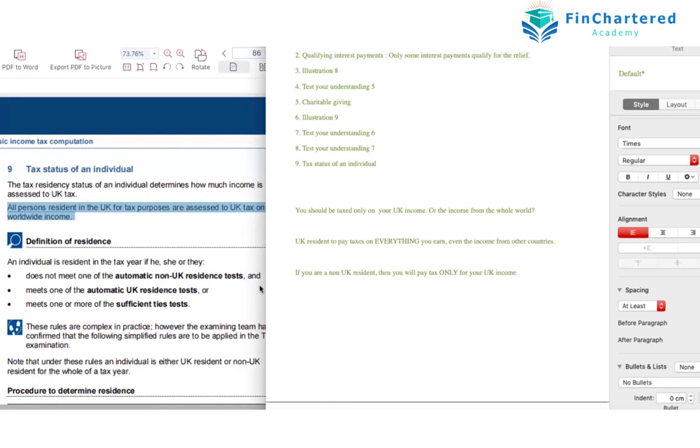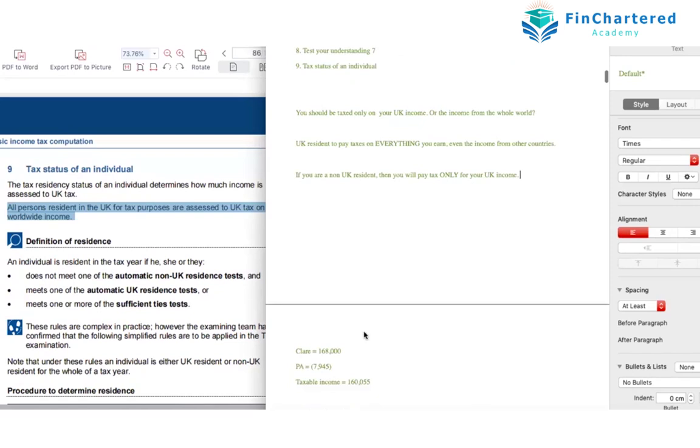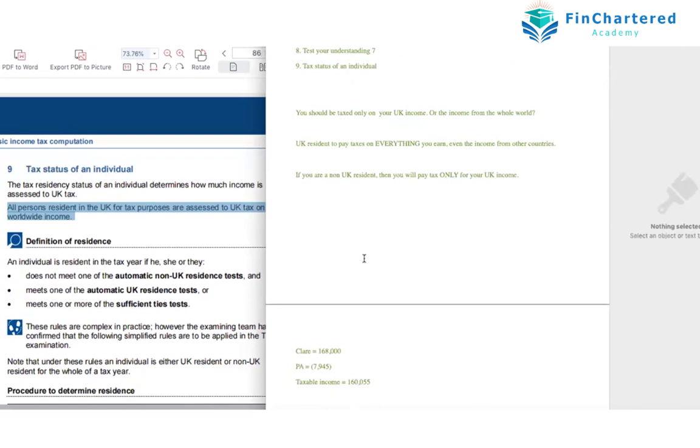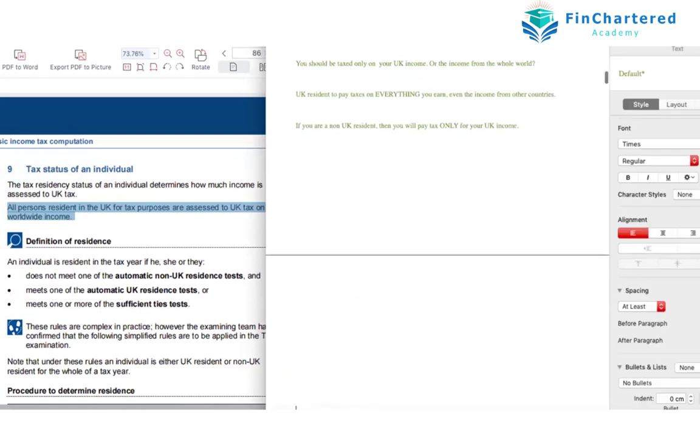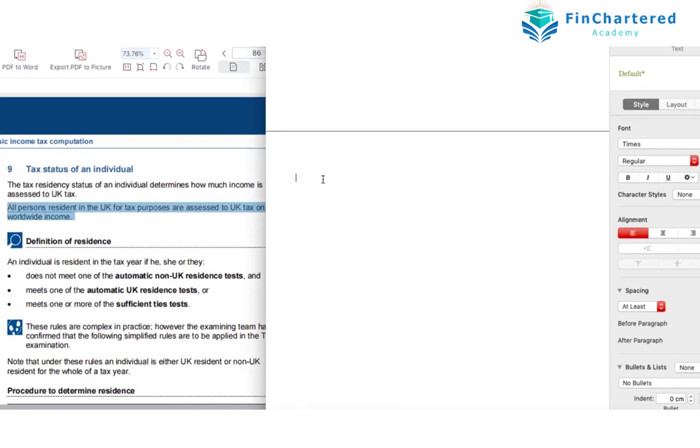The first and easiest way to decide whether you are a UK resident is, I mean, it sounds a little silly to say, but the first step is to see if you are not a UK resident. When will you automatically not be counted as UK resident?